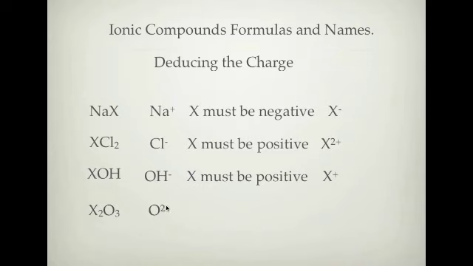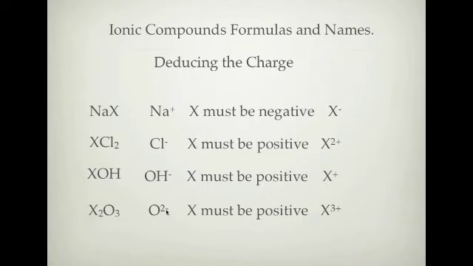Here, oxygen is 2 negative. Okay, we can think about reverse crossover. Take this 2, that's what the charge on the anion must have been. So therefore the charge on the cation must be this 3 here where it comes up. So X here is 3 positive. Just thinking about how this must balance out, we need 3 2 negatives.